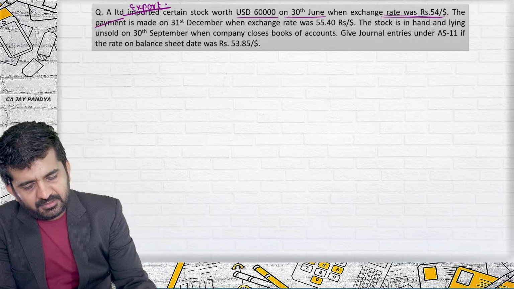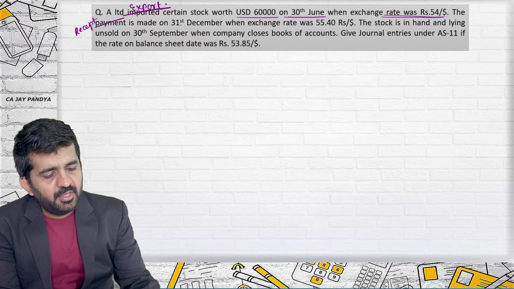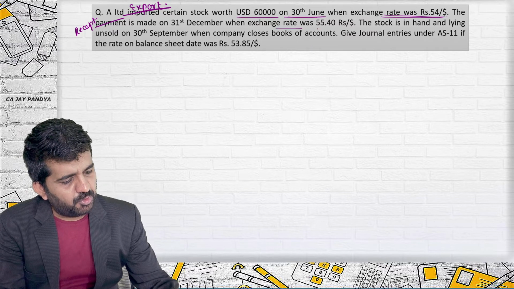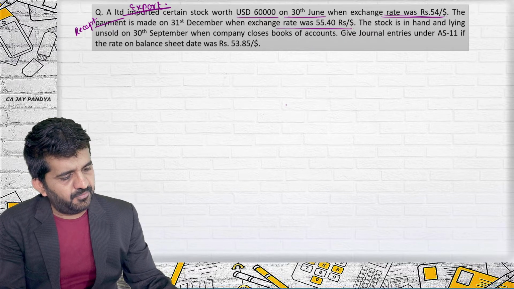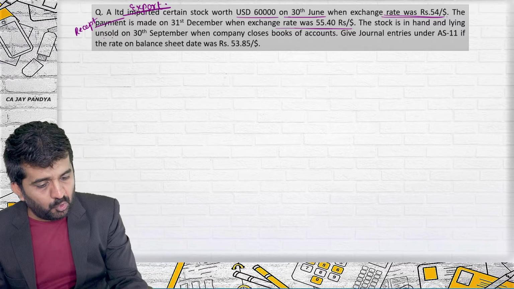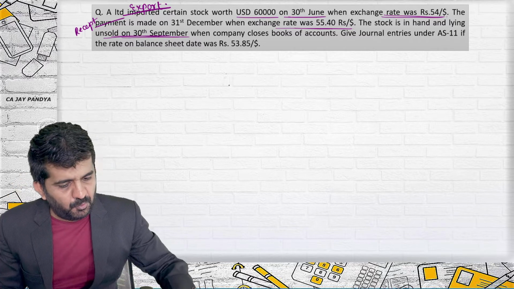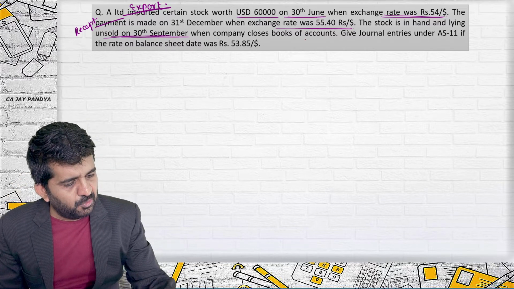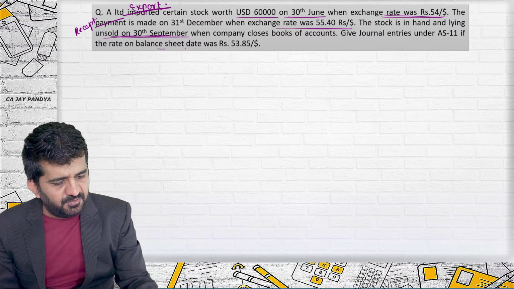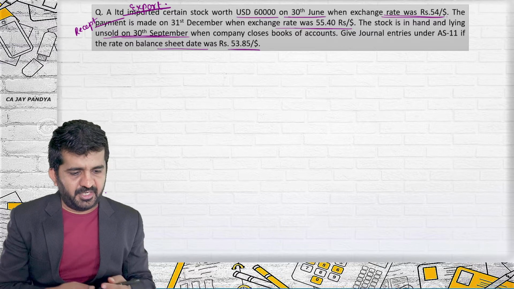The receipt is made on 31st December when the exchange rate was 55.40 rupees per dollar. The stock is in hand and lying unsold on 30th September. So 30th September might be the date of closing, when the company closes the books of accounts. Give the journal entry as per AS 11. As on the date of balance sheet, the rate was 53.85.